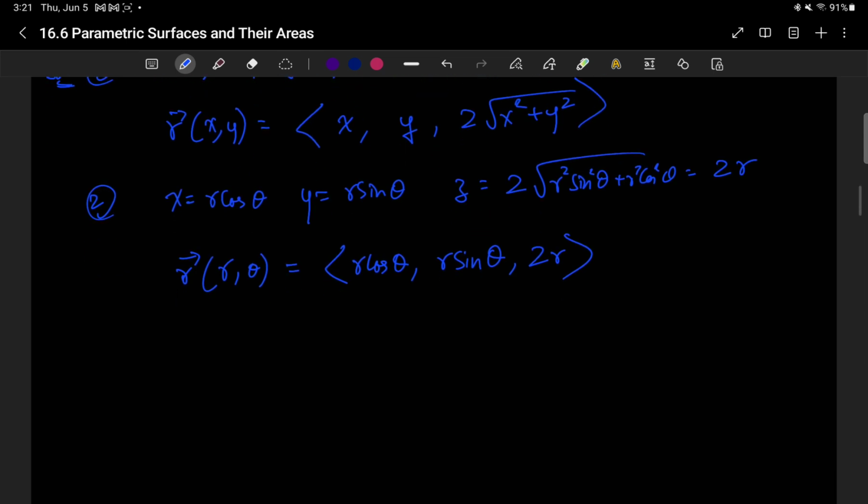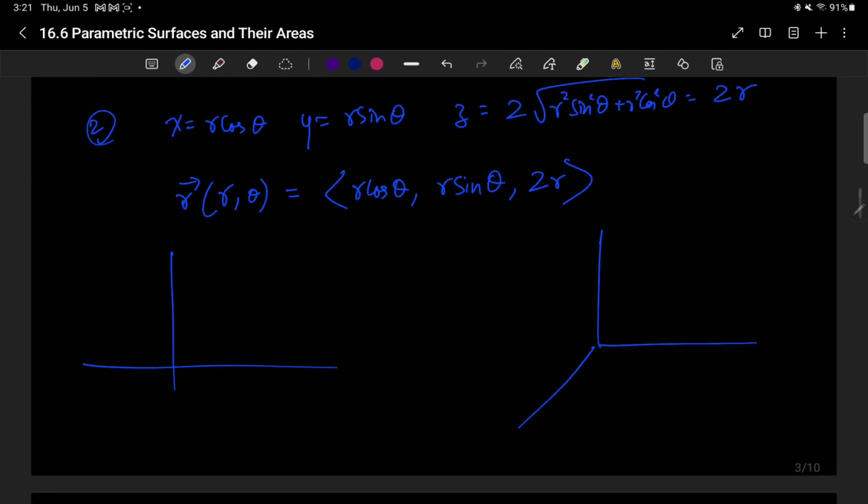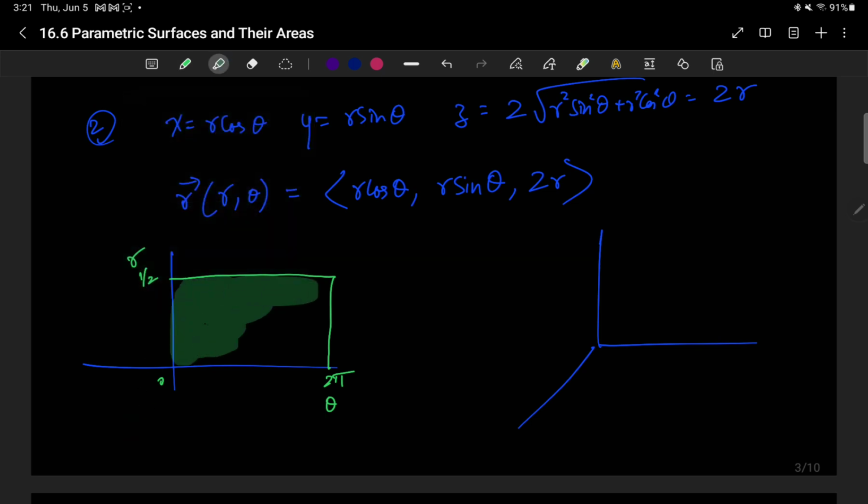Let's look at how this mapping looks from 2 dimensions to 3 dimensions, just to get an idea of those constant lines that we looked at earlier. So we have a parameterization using theta and r, and we have a rectangle going from 0 to 2 pi for theta and 0 to 1/2 for r, and that's my region D here.